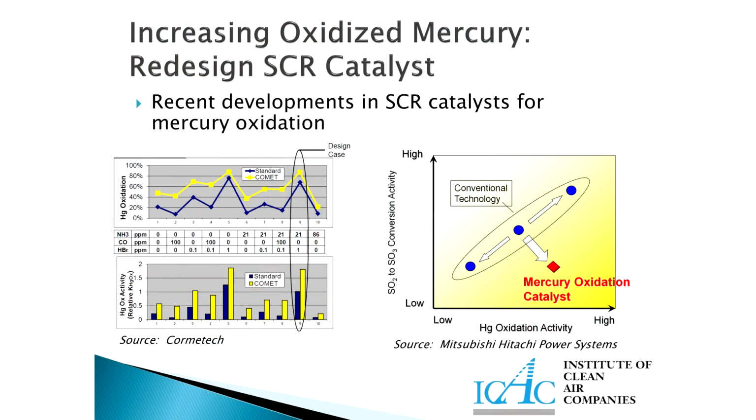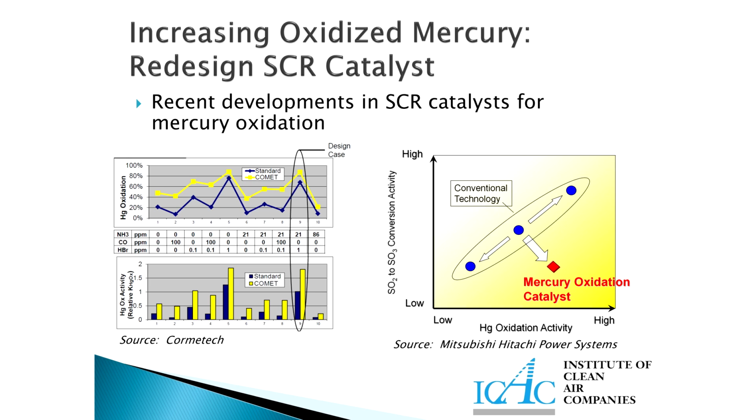Recently, a number of catalyst manufacturers have found ways to redesign SCR catalysts to make them more effective for mercury oxidation. And I show just some information from Hitachi, which is now Mitsubishi Hitachi, and from Cormetech, looking at some of the developments that they've been working on.